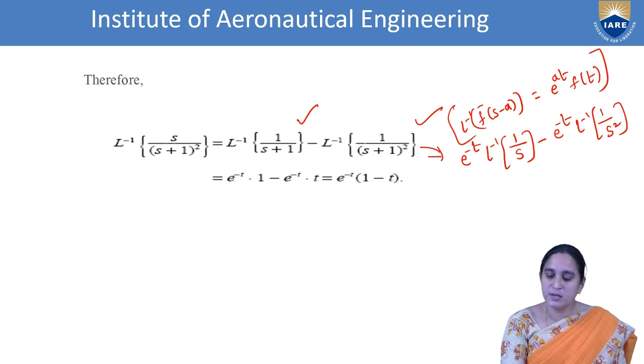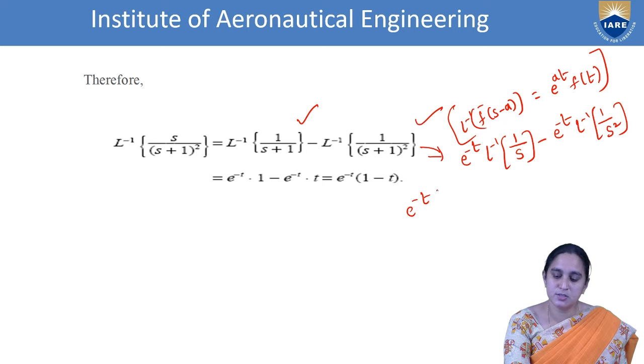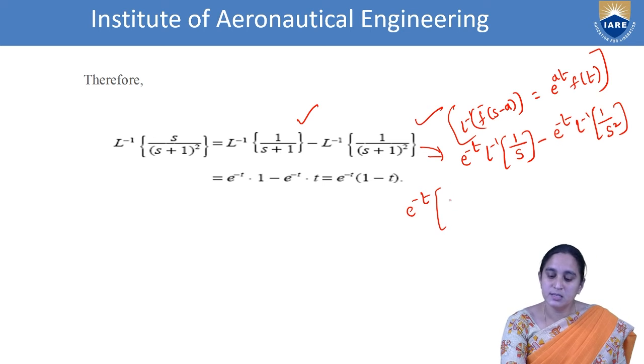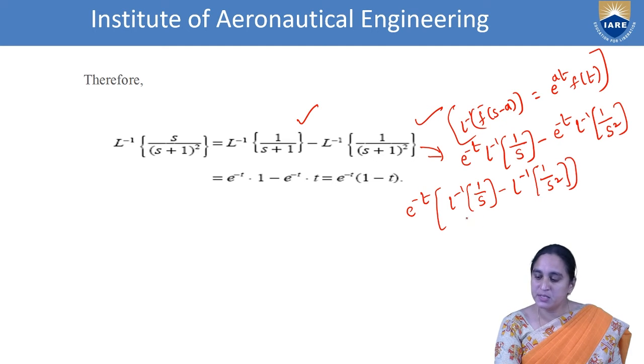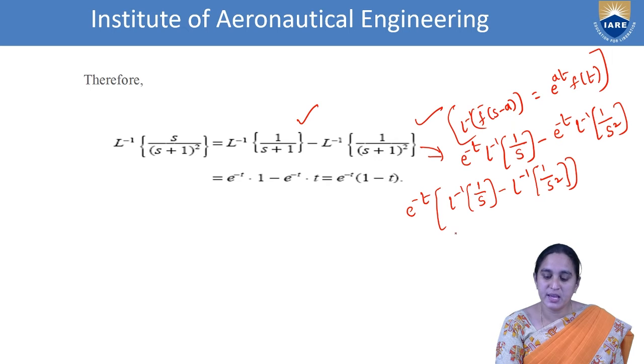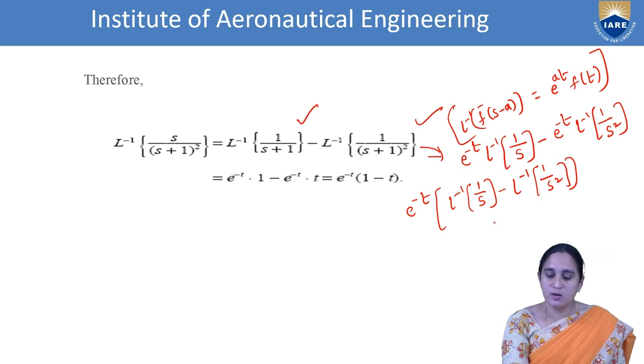Here, e power minus t is common. Once you observe, this is Laplace inverse of 1 by s minus Laplace inverse of 1 by s square. What is the formula for Laplace inverse of 1 by s? That is 1. And Laplace inverse of 1 by s square is t.